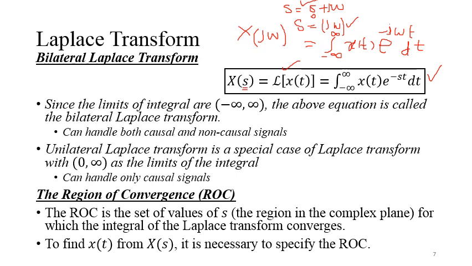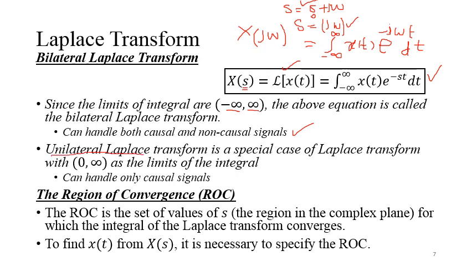This is called the bilateral Laplace transform, because the integration is from minus infinity to infinity. So this can handle both causal and non-causal signals. In contrast to the bilateral Laplace transform, we also have the special case called the unilateral Laplace transform.